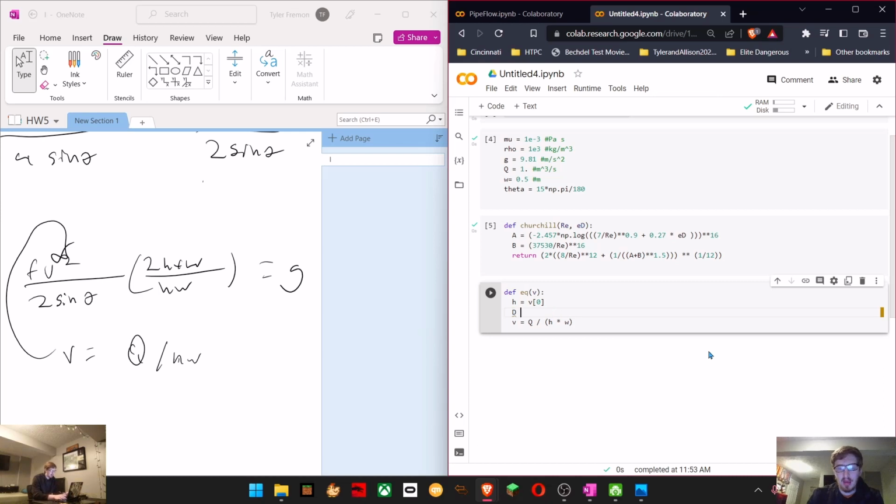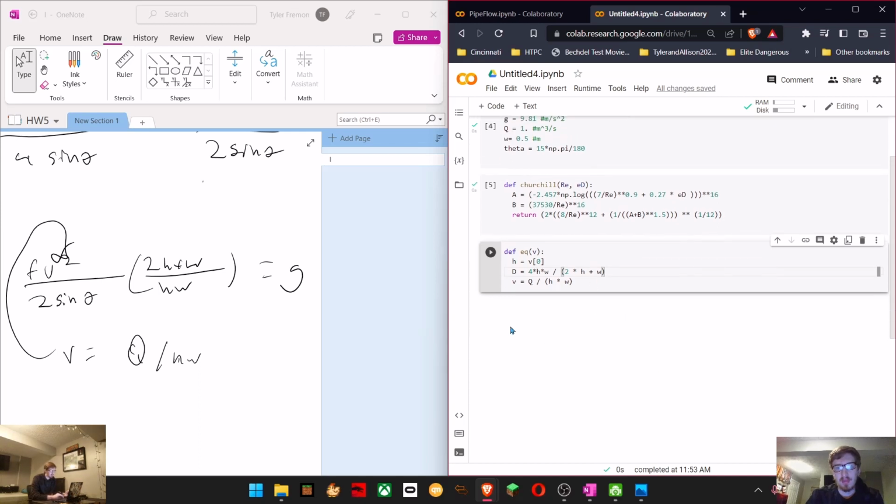Then we need a diameter to plug into the Reynolds number, which is going to be 4 times H times W divided by 2 times (H plus W). This is the diameter that we obtained before using the wetted perimeter and the area.